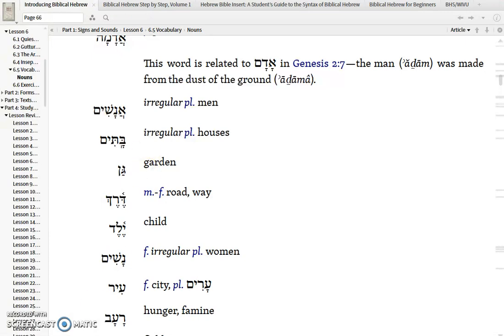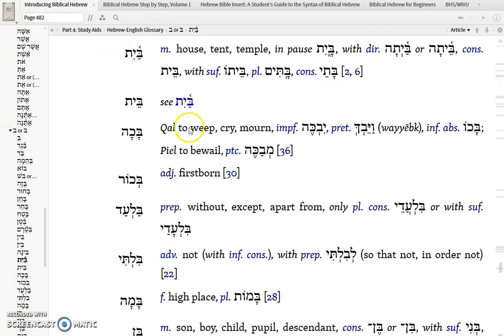Again, you wouldn't be able to predict from the dictionary form bayit, here seen in the dictionary in the back of Roth, that the plural would be batim, but it is.